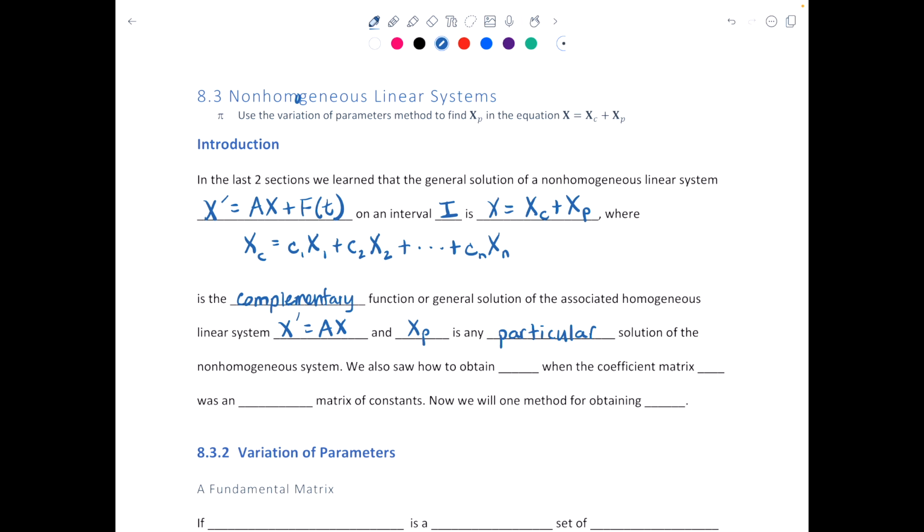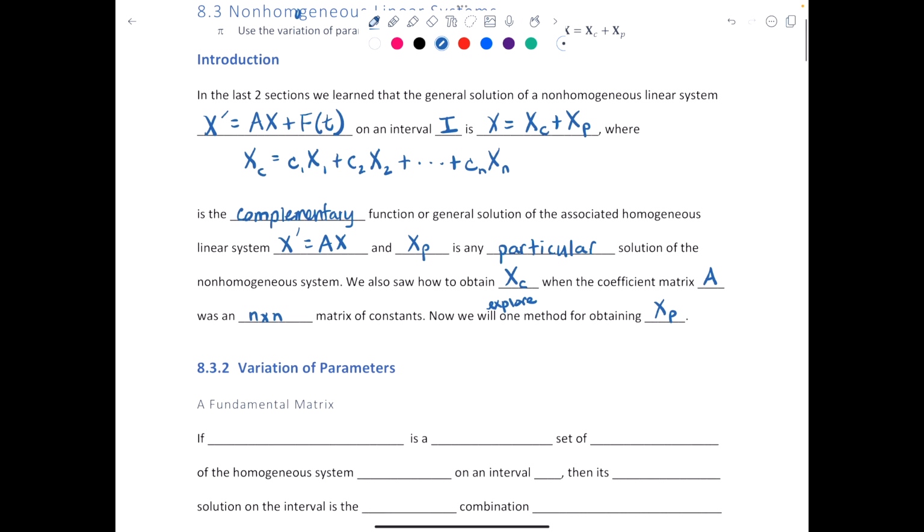We also saw how to obtain xc when the coefficient matrix A was an n by n matrix of constants. Now we will explore one method for obtaining xp, and that method is variation of parameters.